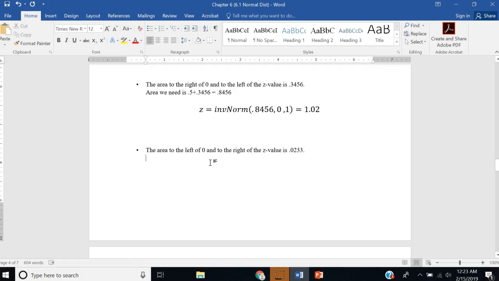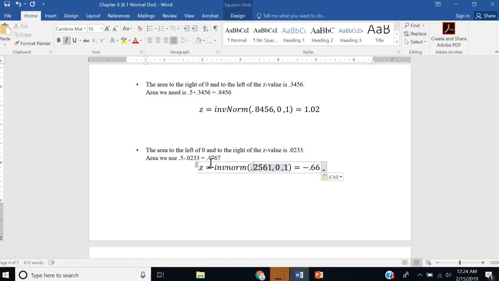Basically, since the green and the blue added up to 0.5, we take 0.5 minus 0.0233 and find that the green area is 0.4767. So when I plug things into my calculator, I'm going to plug in inverse norm, 0.4767.